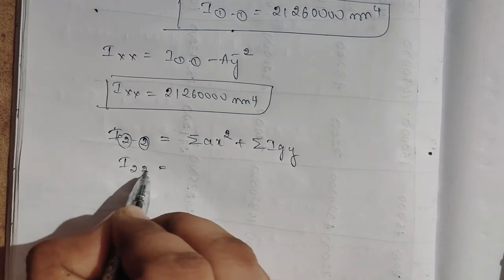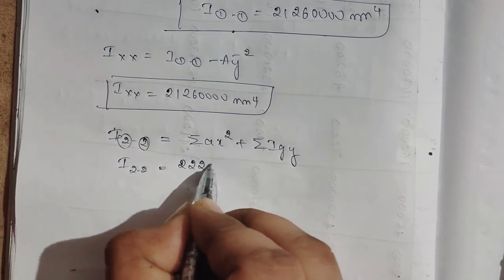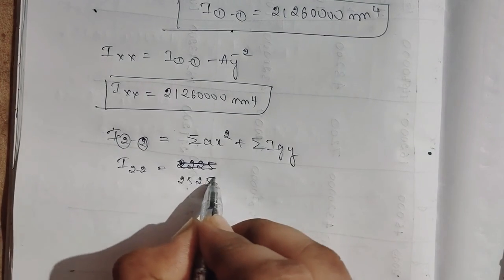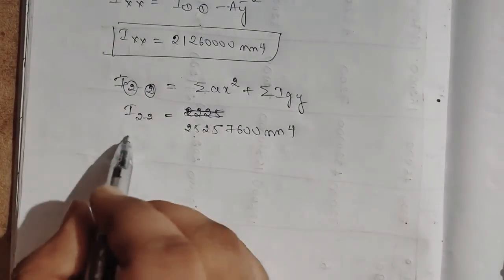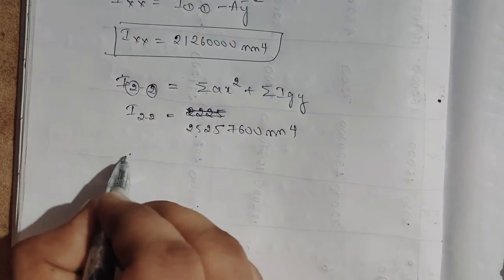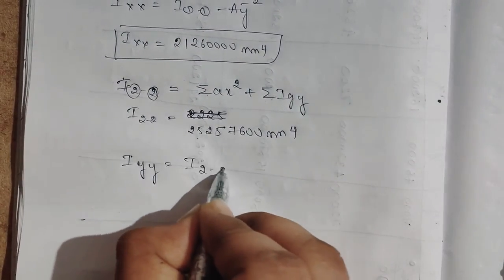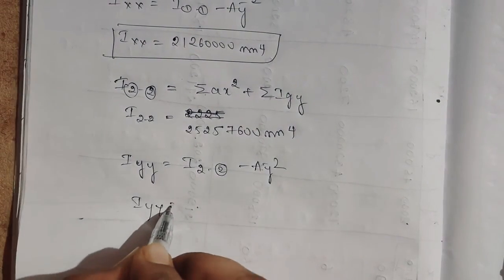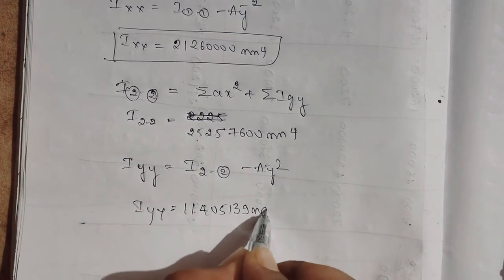So I22 will be 257600 mm to the power of 4. Same as you calculated the upper values, IYY will be I22 minus A into y bar square. So IYY will be 5139 mm to the power of 4.